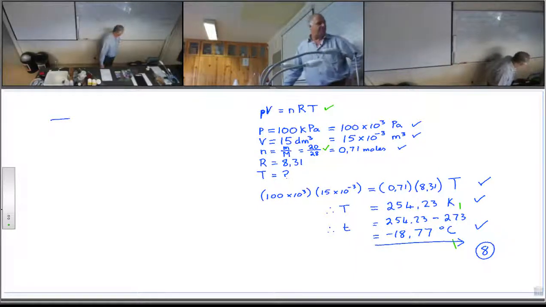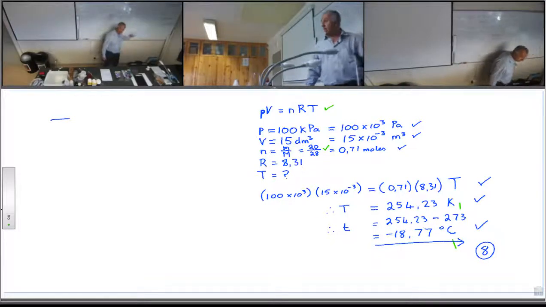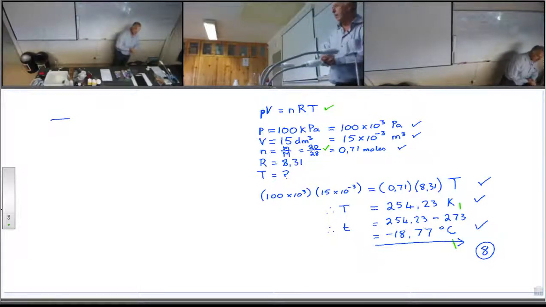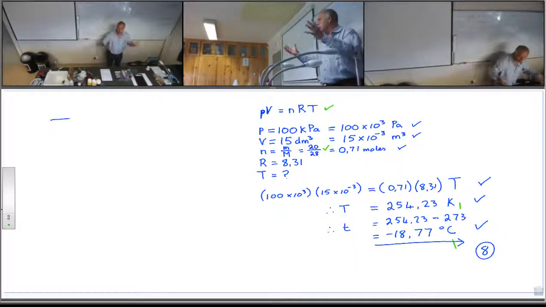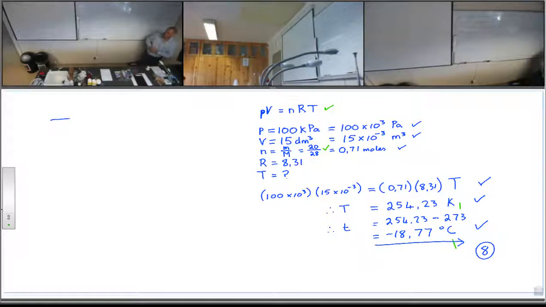Yes. Unless you just said temperature and you wrote out the word temperature. But if you wrote capital T equals this, it's wrong. Okay. It's like saying mass and you write mass as Q equals something. Okay. Right. So we're understanding that?